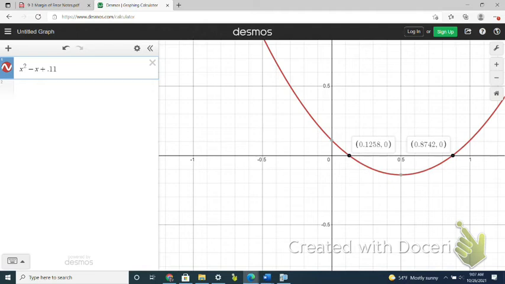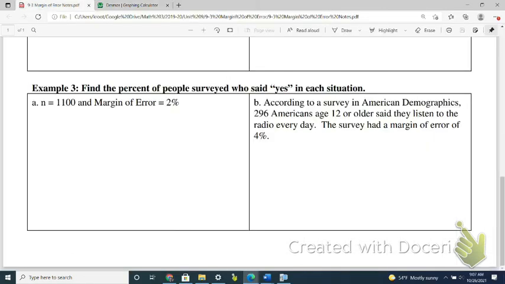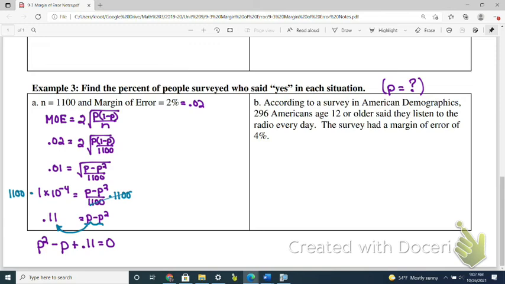So let's go back to our sheet and plug our information in. So how do we write this as an answer? So p equals, if I round it to the nearest thousandth, 0.126 or 0.874. And again, these should add to be 1. If they don't, something's wrong.